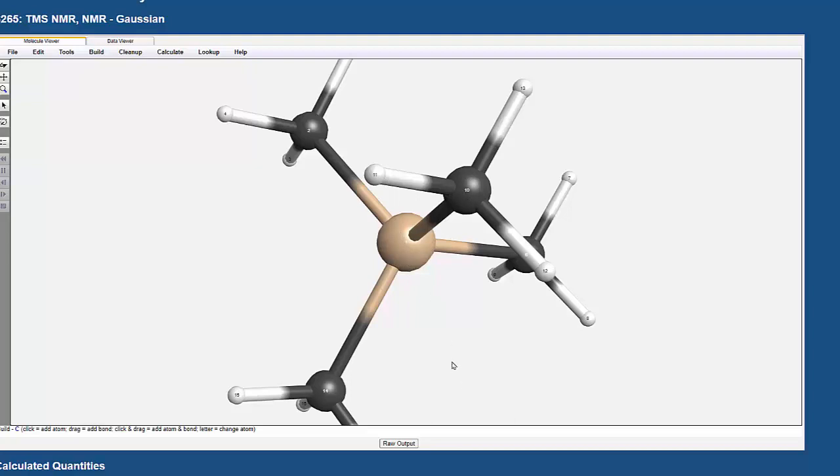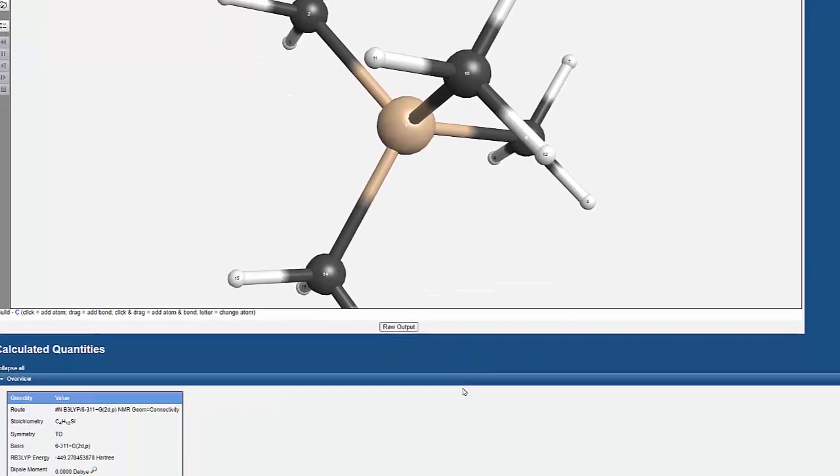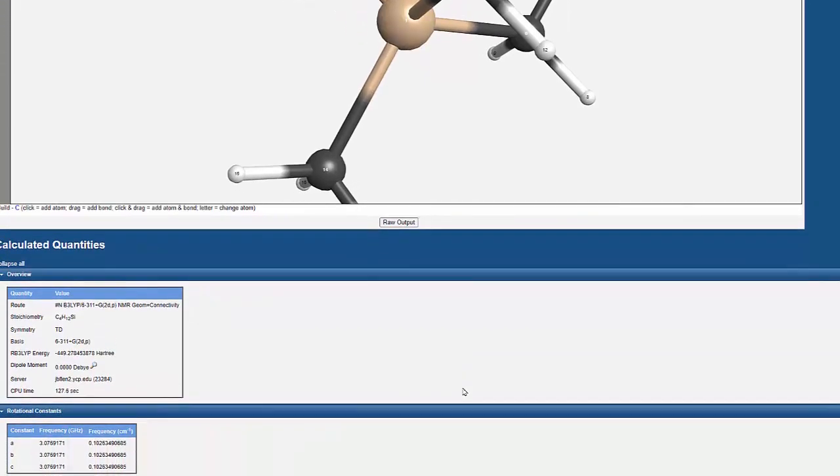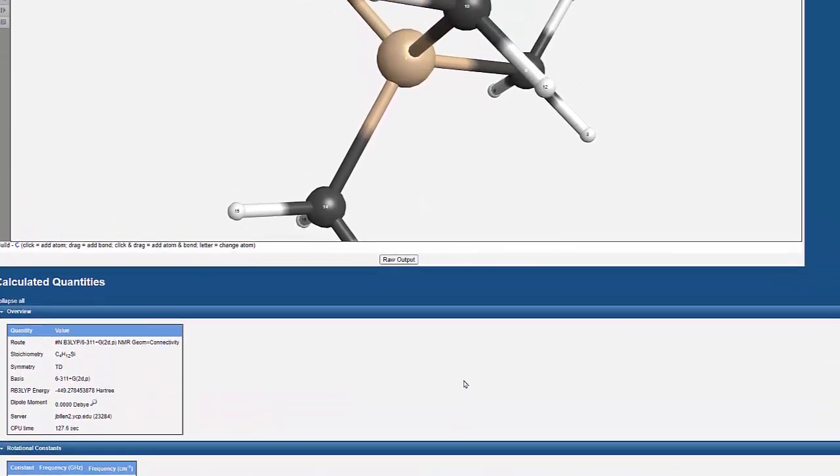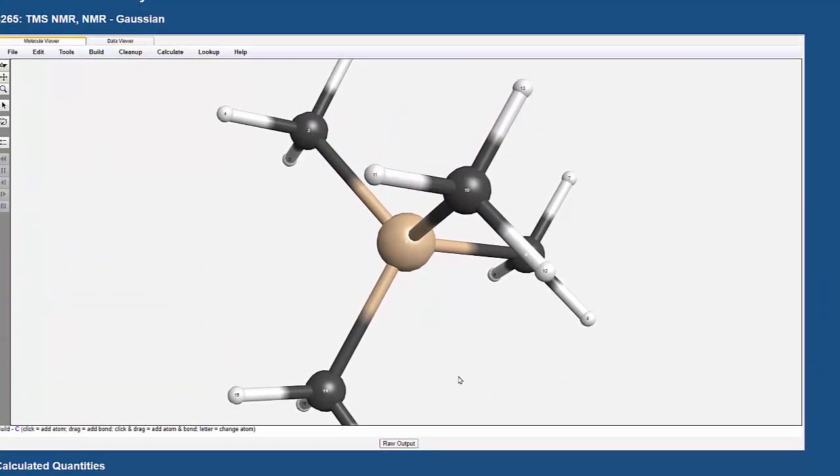That puts the raw shielding at a very high value, basically beyond what a typical carbon or hydrogen will see, so that the reference is out of the way of the other peaks seen in the spectrum.